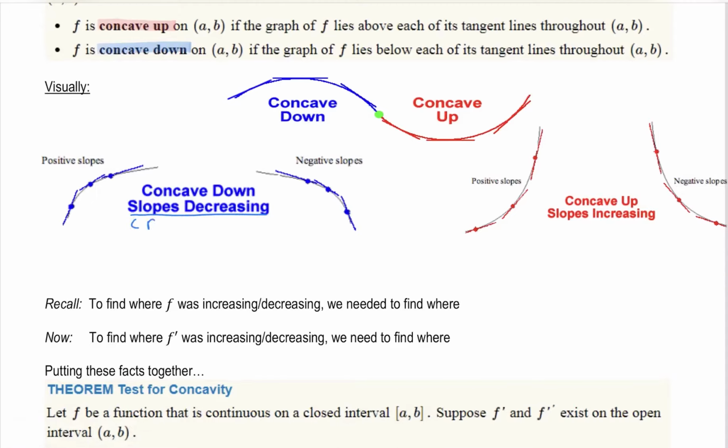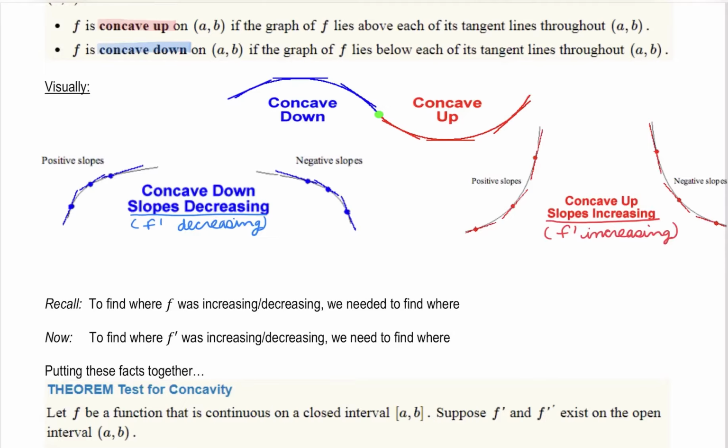So where f prime is decreasing, that is another way to define where we are concave down. And where the slopes are increasing, so where f prime is increasing, that is a definition for where f is going to be concave up.